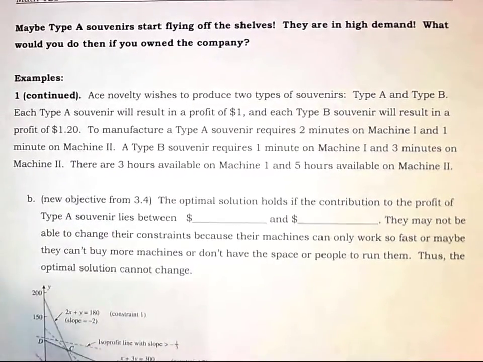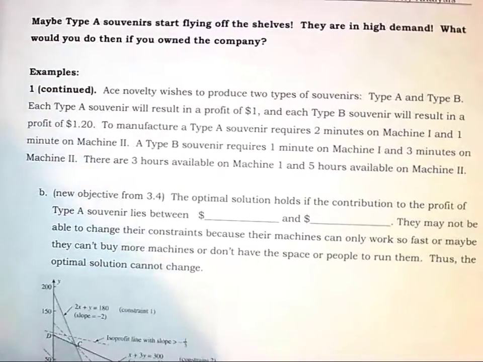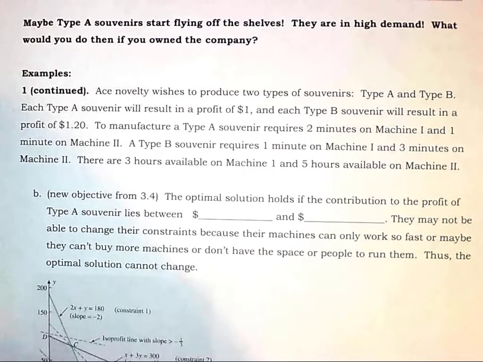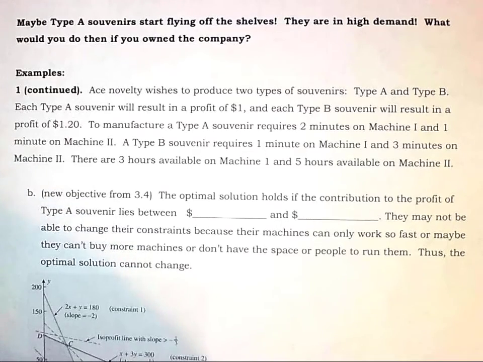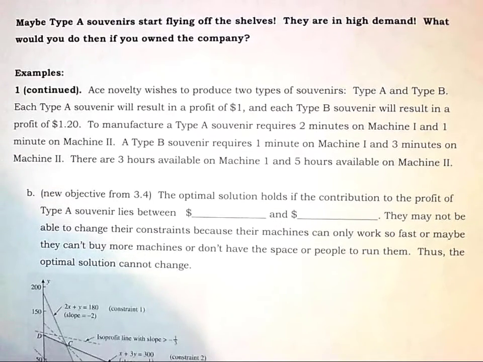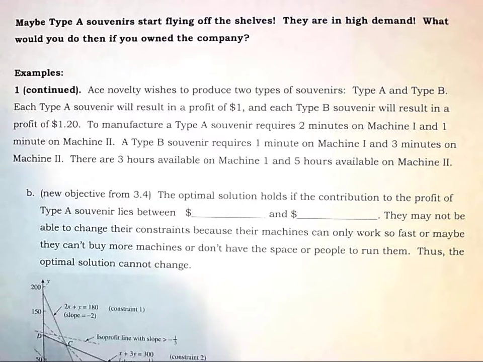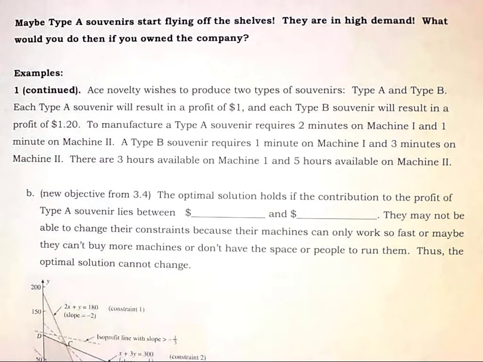Now, you have to be careful with that sort of thing, though, because remember, you don't have an unlimited set of resources to produce an unlimited number of supplies. So sometimes you have those constraints that can't change. You have a certain amount of labor hours because you've got a budget you can pay people with, or you've got a certain machine that can only operate so many minutes per day, and those constraints can't change.